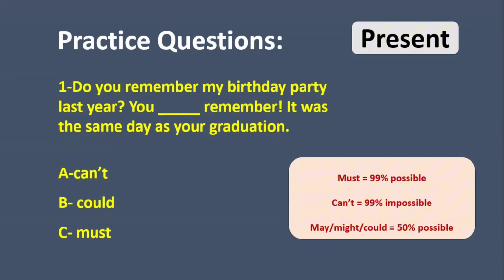From the sentence, we can assume that this person is expected to remember. So we will say, you must remember it was the same day as your graduation. If it was the same day as your graduation, then you are expected to remember. من المؤكد أنك تتذكر. أكيد تتذكر. Because it was the same day as your graduation. So there's no possibility you will forget this.